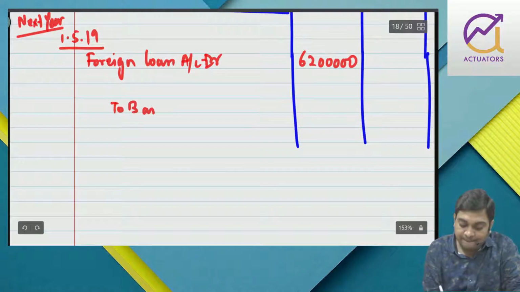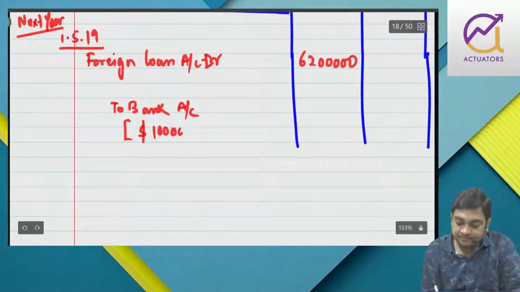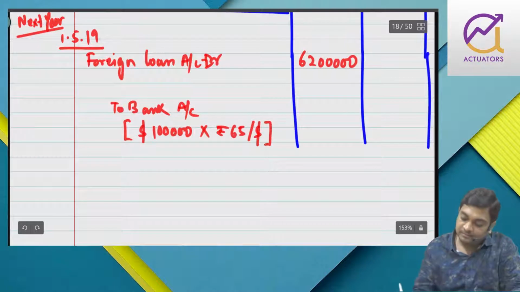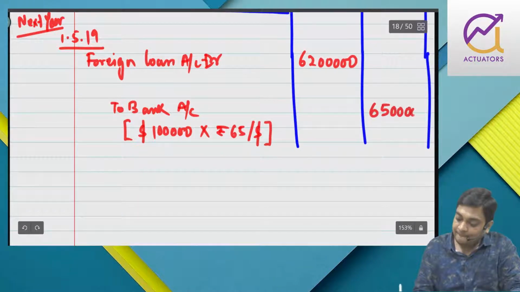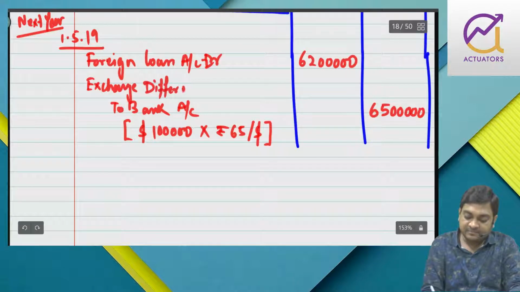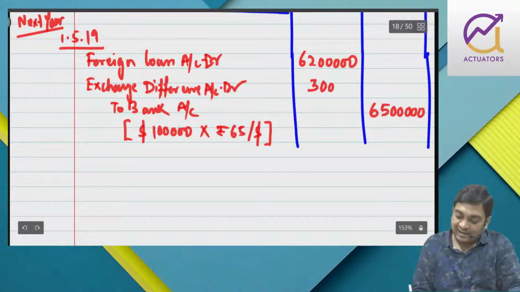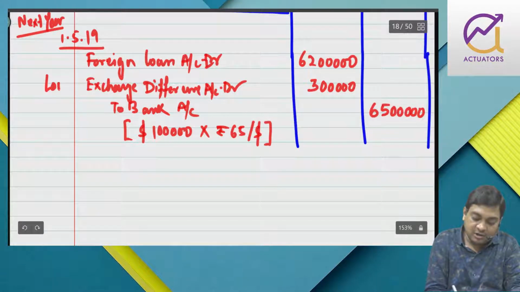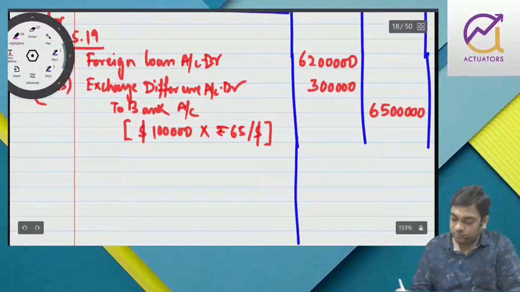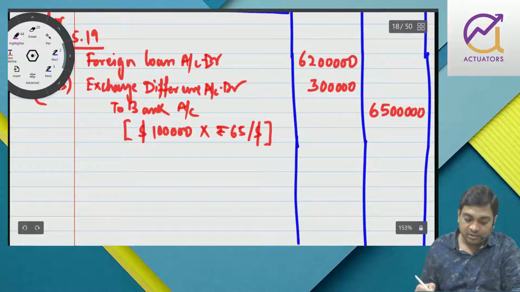However, to the bank I have to pay this $1 lakh at the 1st May exchange rate, that is 65 lakh. Again, there is an exchange difference of 3 lakh. So this is also a loss, and this loss will be debited to this year's profit and loss account.